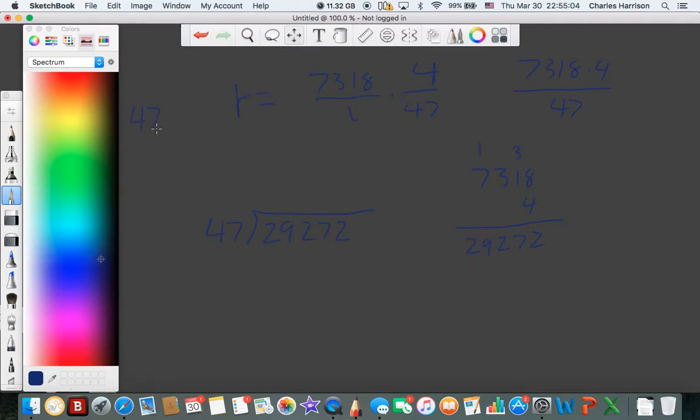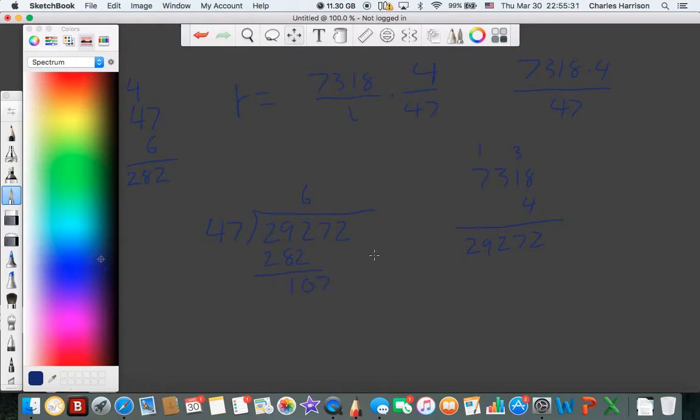We'll see. 47 times 6. This times this is 42. Put 2 there, carry a 4. This times this is 24. Plus 4 is 28. So that is pretty close. So let's leave it at 6. So this turns into 282, and then this is 0, and this is 1, and then that's just 0.